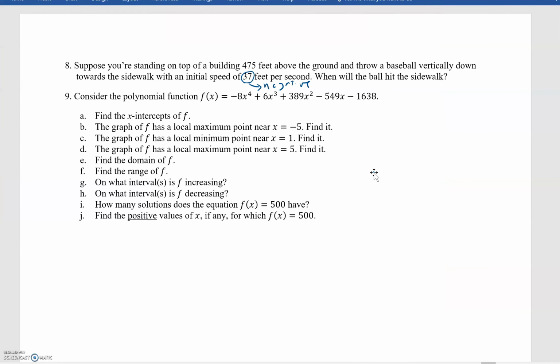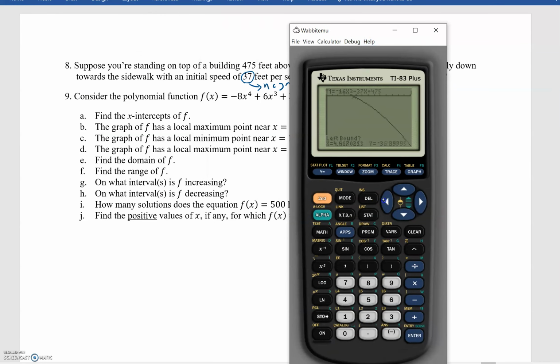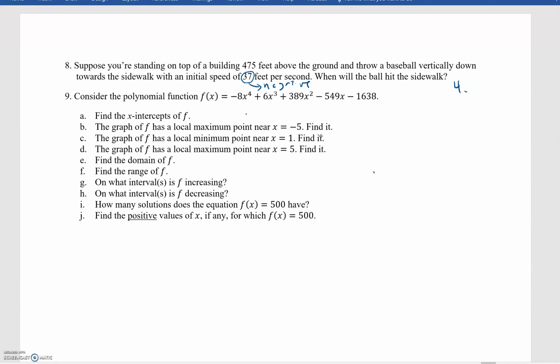My picture's, whoops, got away from me there. The X domain is too big, but that's okay. It's still usable. Left bound, right bound, and then my intersection point is right there. So it hits the ground at 4.414 seconds.